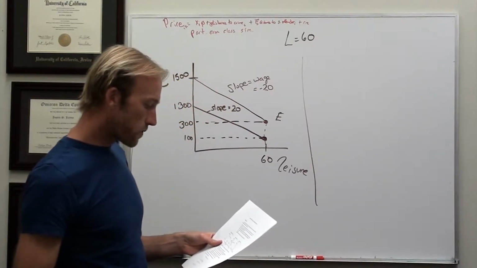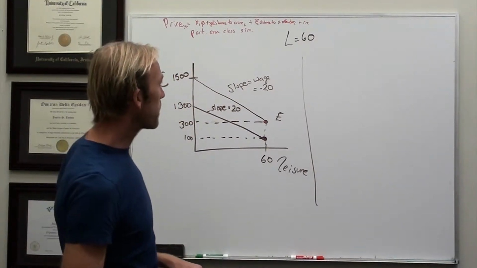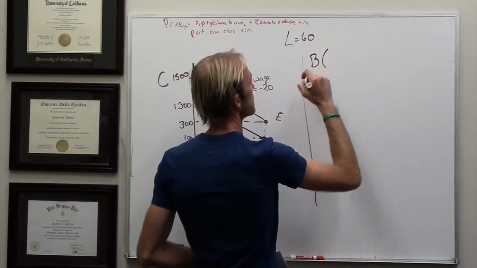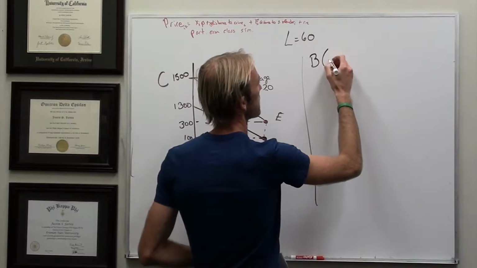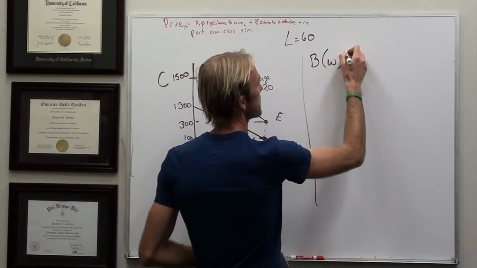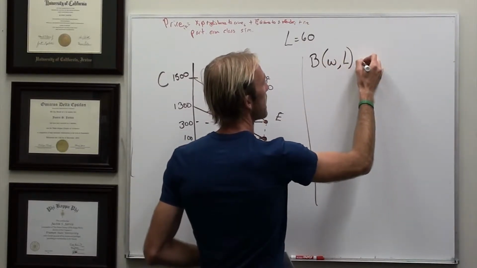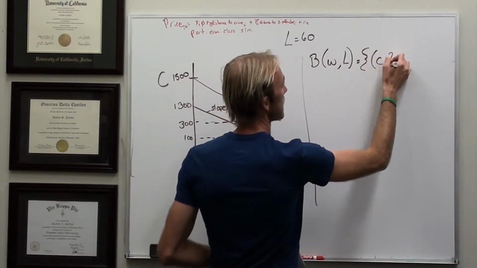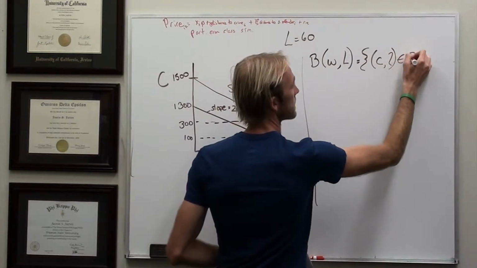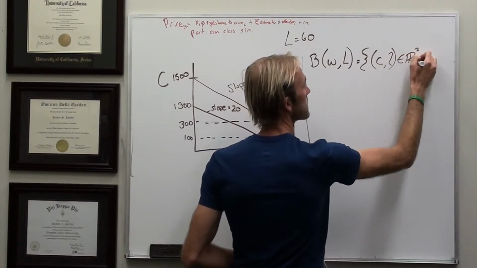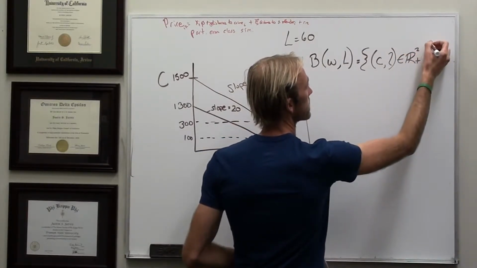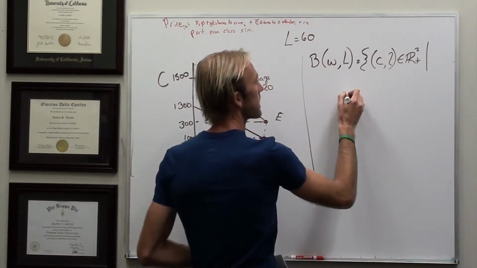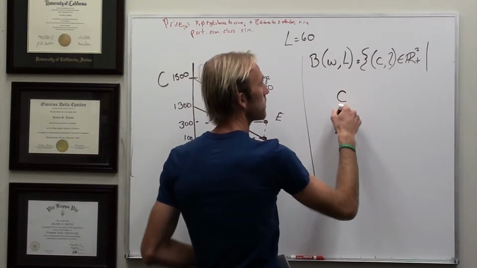Part B says, how would you write your budget constraint? Well, we can write it formally. The budget constraint is a function of what are my exogenous variables, W and L, and it is a set of consumption and leisure in R2 positive quadrant, such that, now I don't have room here so I'm going to write it down here, such that usually, what do we have?